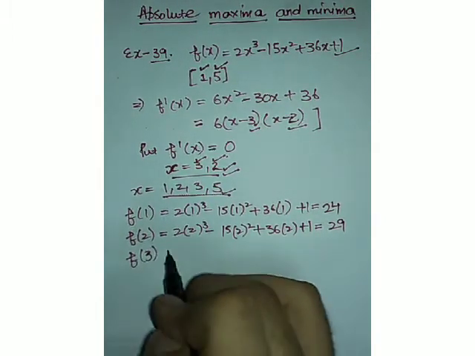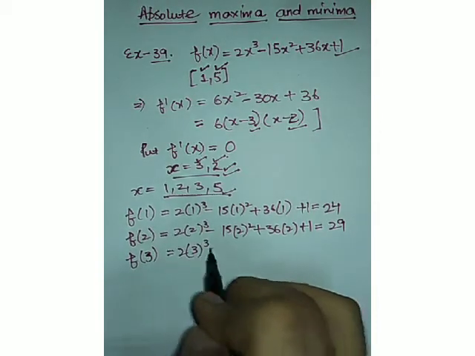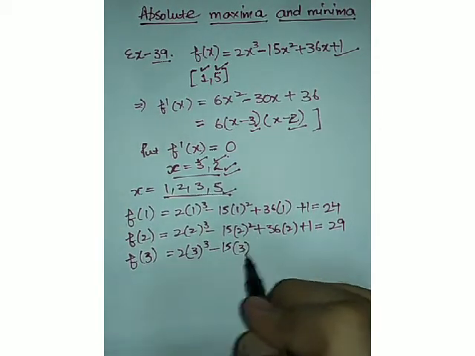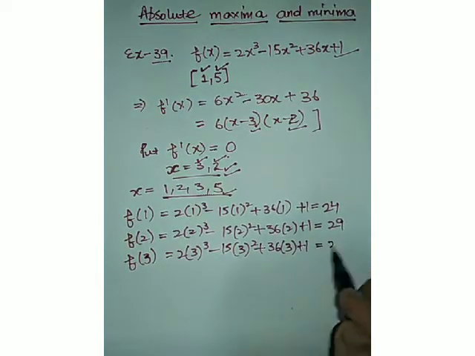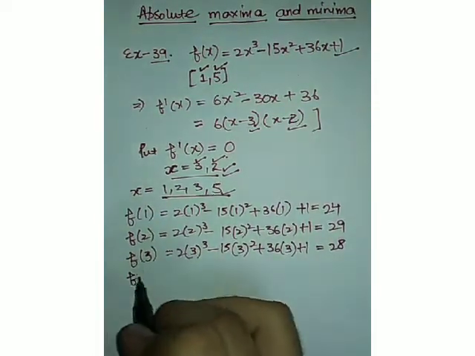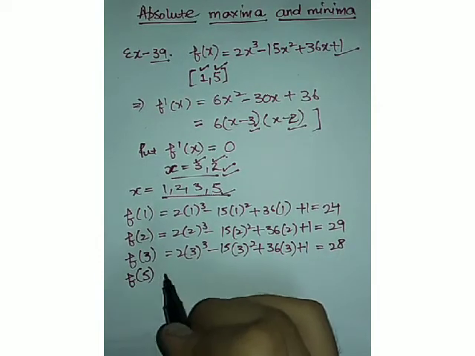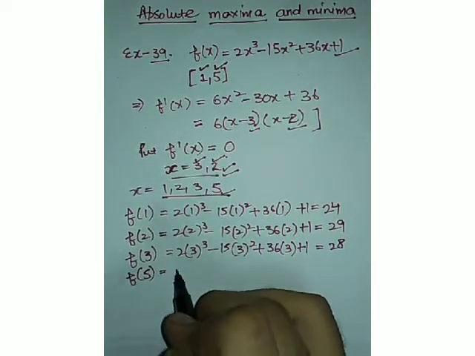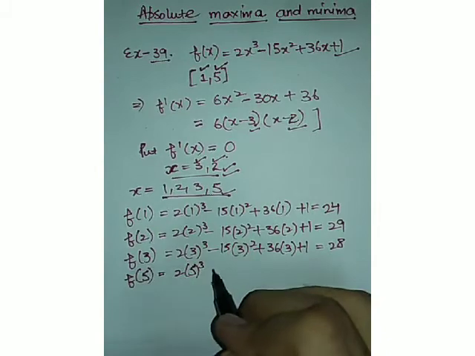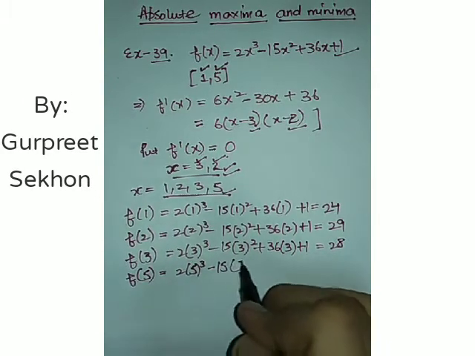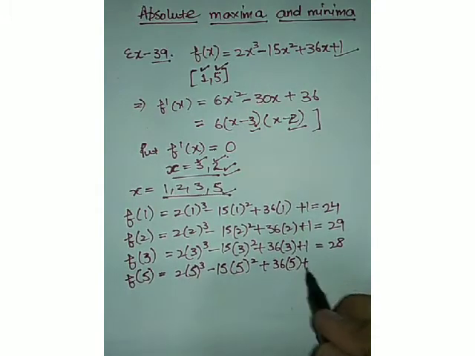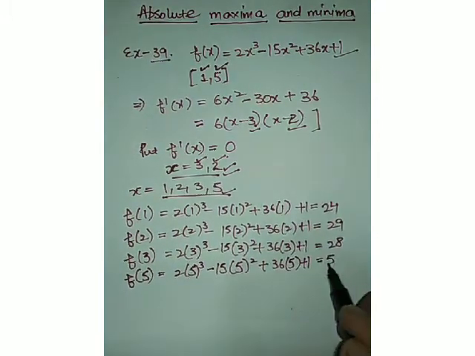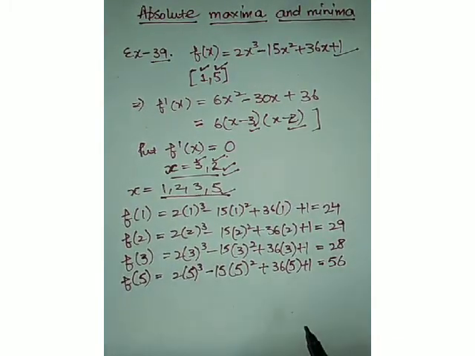F of 3, 2 multiply 3 cube minus 15 multiply 3 square plus 36 multiply 3 plus 1. You will get 28. F of 5, what will you get? 2 multiply 5 cube minus 15 multiply 5 square plus 36 multiply 5 plus 1. You will get 56.